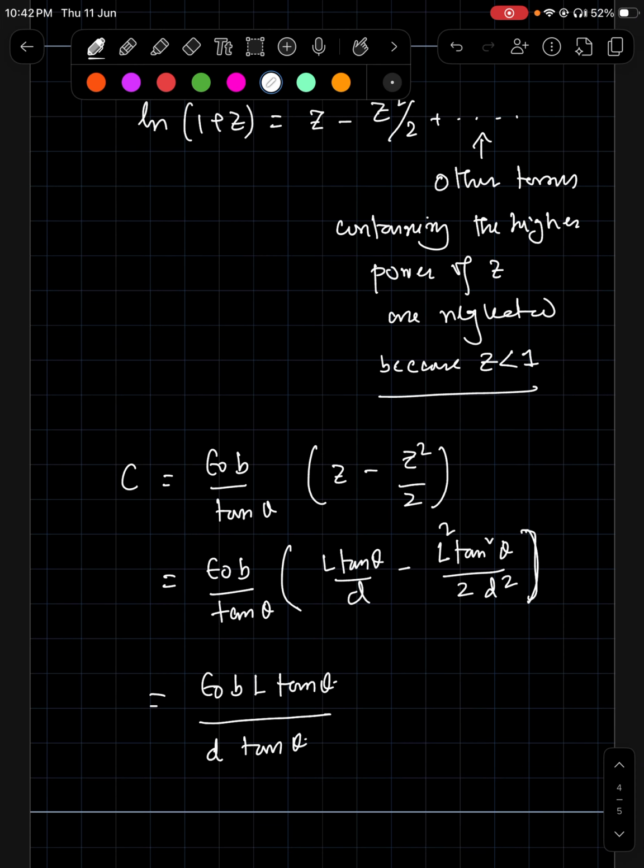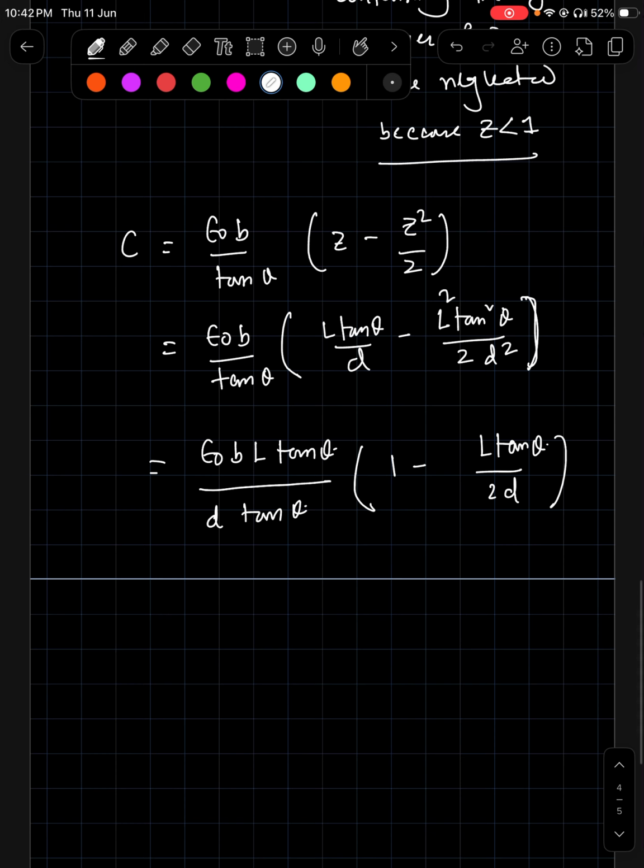So the first term becomes 1, and the second term becomes L tan theta by 2d. So tan theta cancels out, and BL becomes the area of the plate. So we have found epsilon A by d.